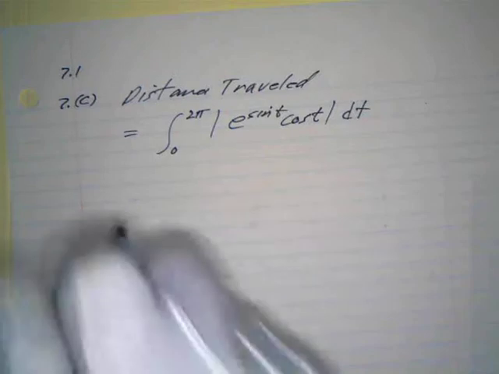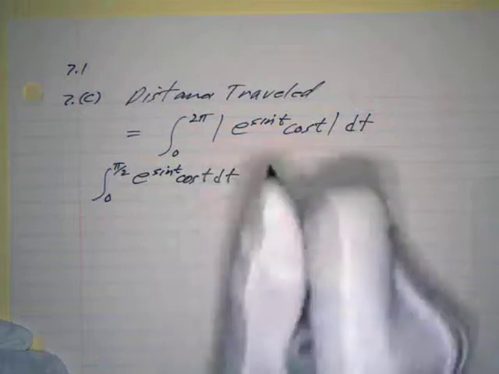So that's going to end up being the integral from 0 to pi over 2, that's where it was positive, of the actual function e to the sine t cosine t dt.